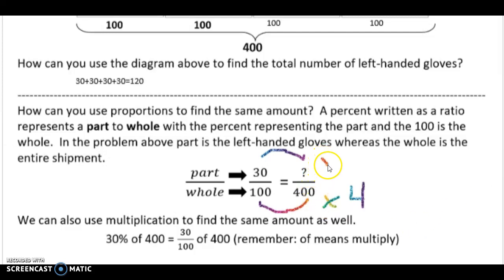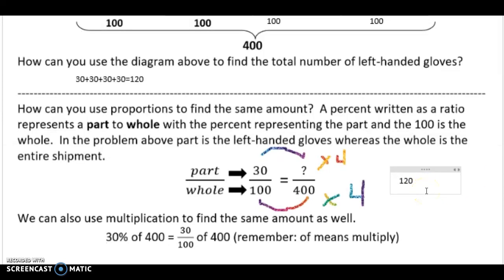And if you have 30 times 4, 3 times 4 is 12. And if you add the 0 on the end, you get 120 gloves. Is that the same as above? Yes, it is.